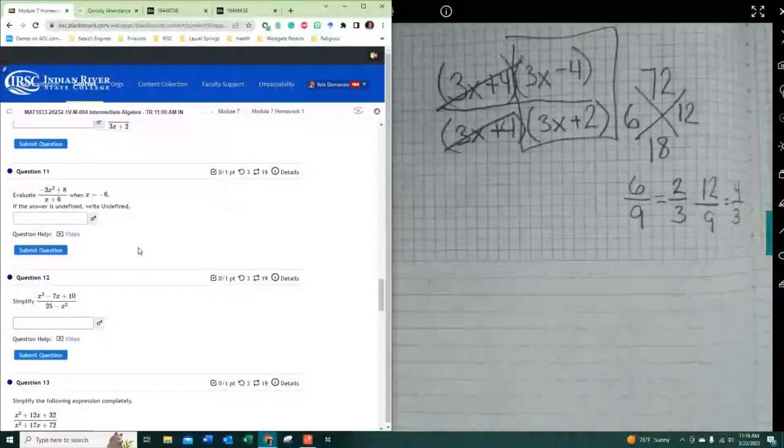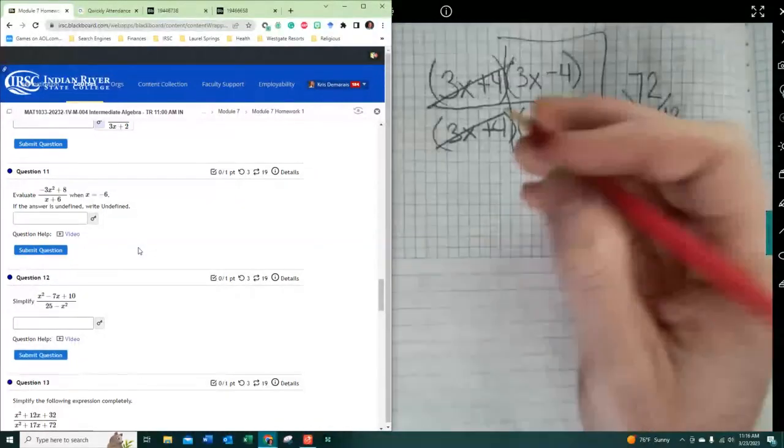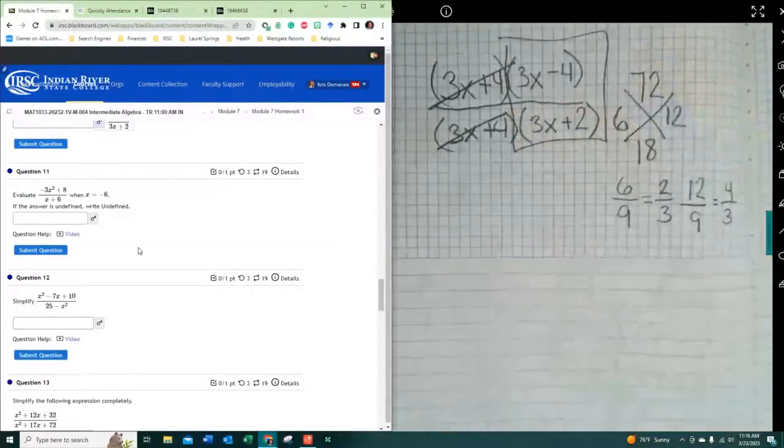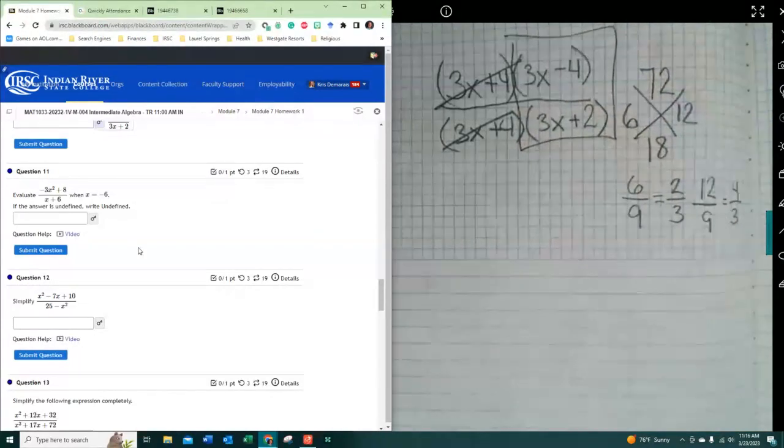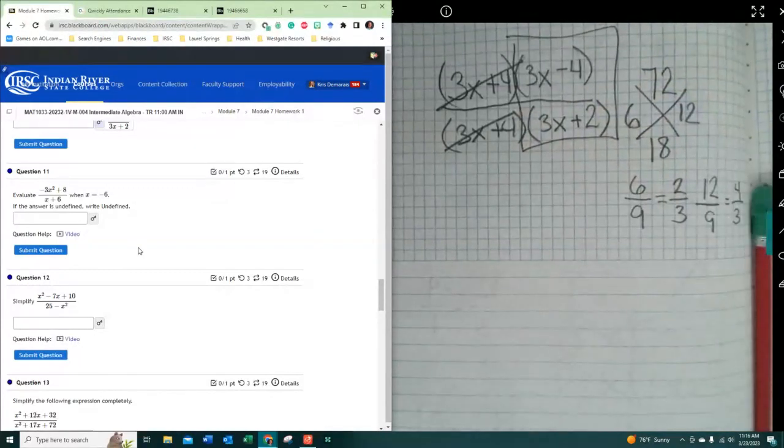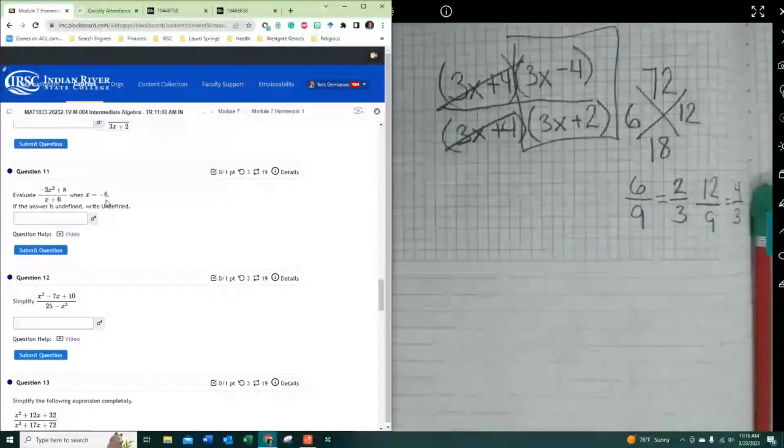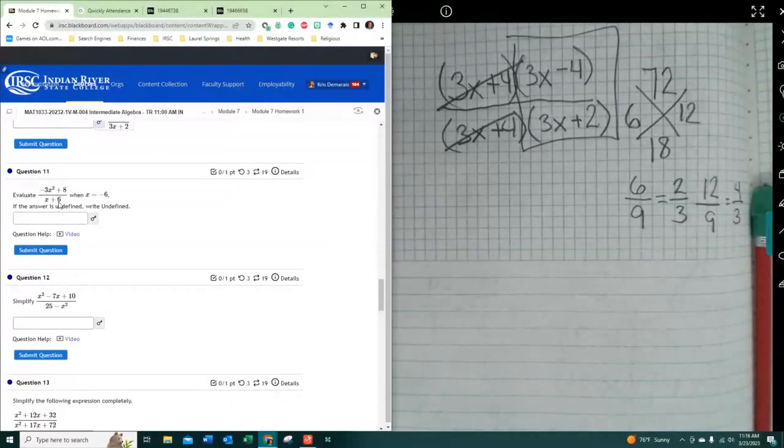So now it says evaluate this expression when x equals -6. Well, I'm going to take a look at this question. I'm immediately drawn to the denominator. When I look at the denominator, I see x equaling -6, and I see that I have a +6. -6 plus 6 gives me 0. Whenever I have a 0, that's undefined.